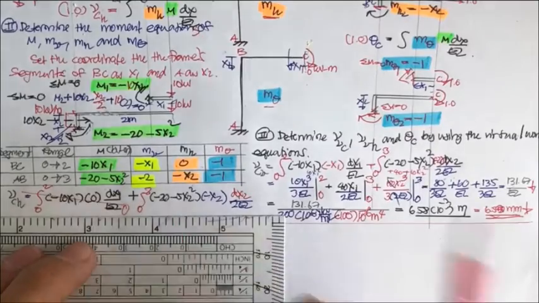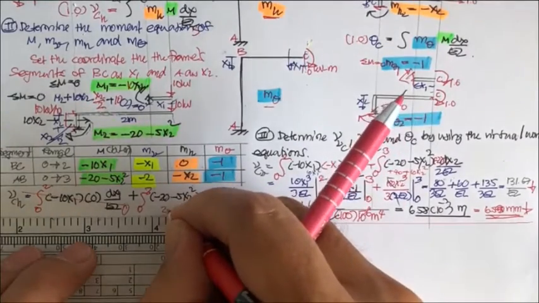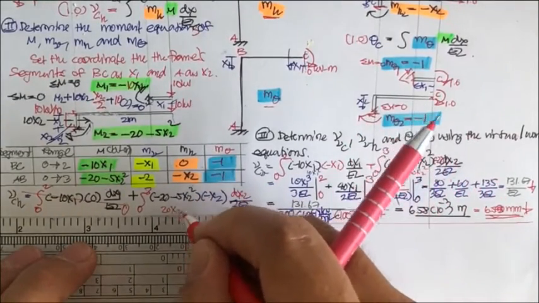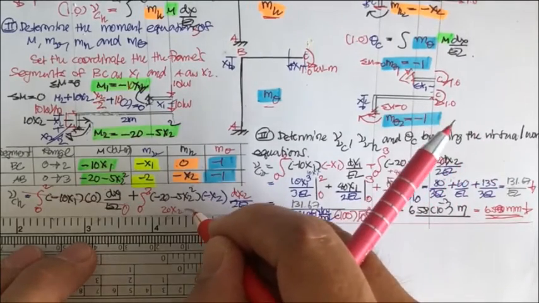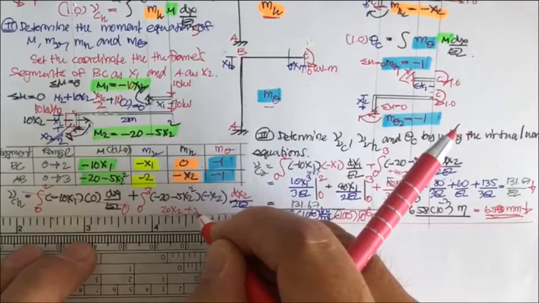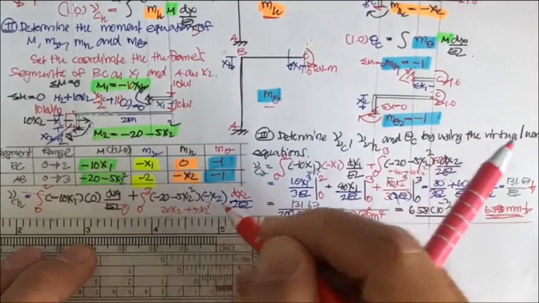Minus and minus produces 20x2, and minus minus plus, this is 5x2 cube.